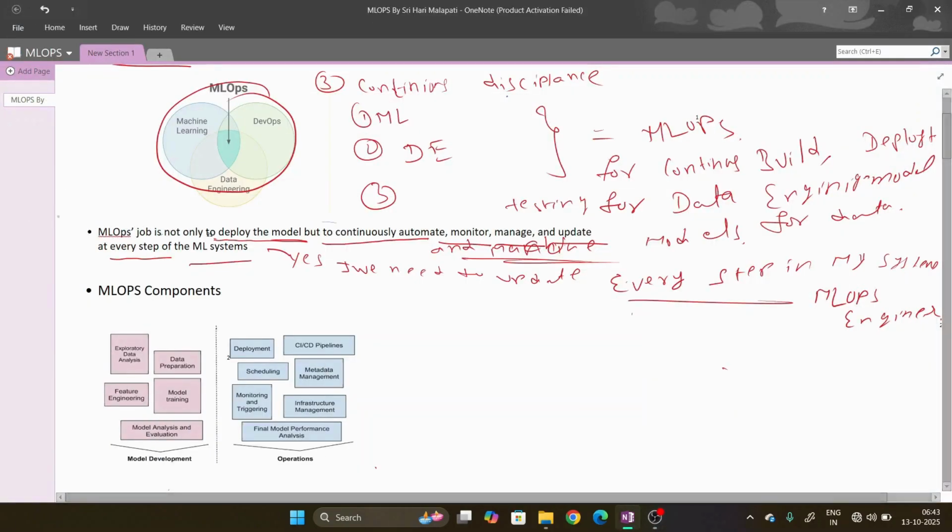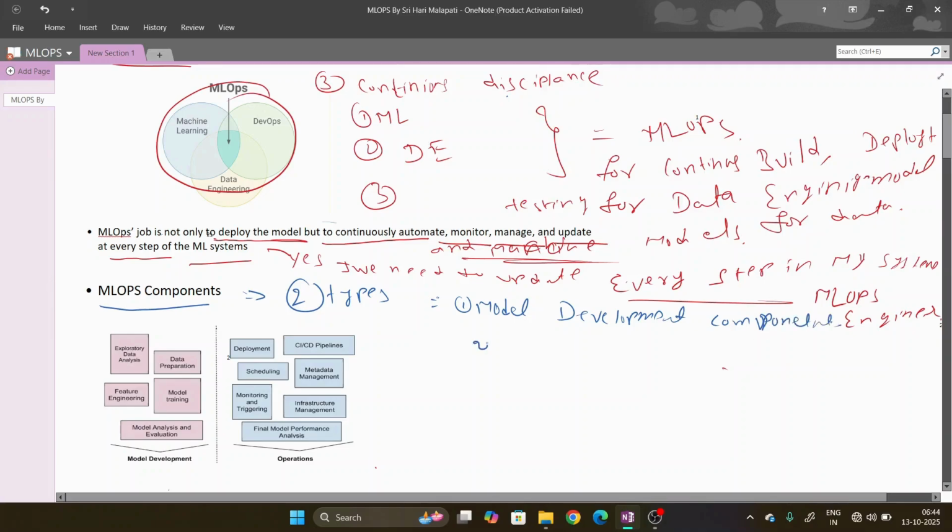Now we'll discuss the third one, that is MLOps components. These MLOps components are divided into two types. First one, model development components. Second one is the operation components.